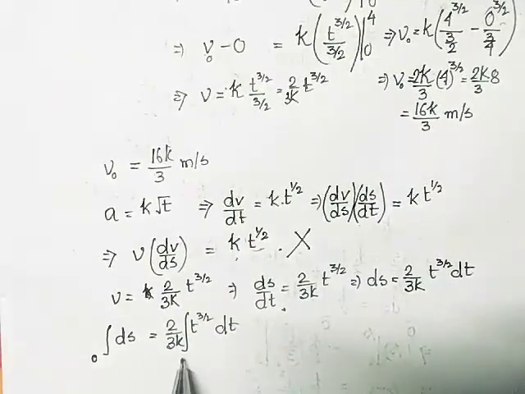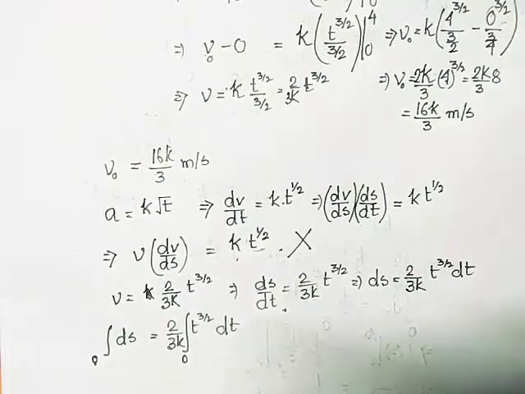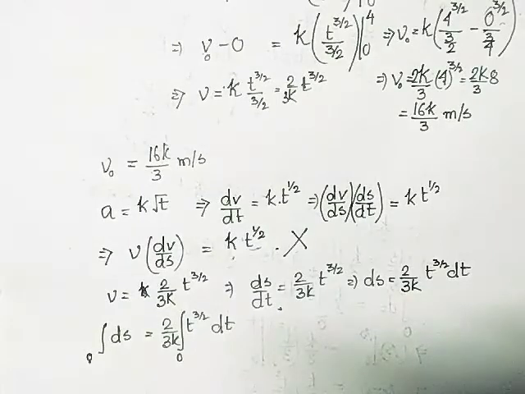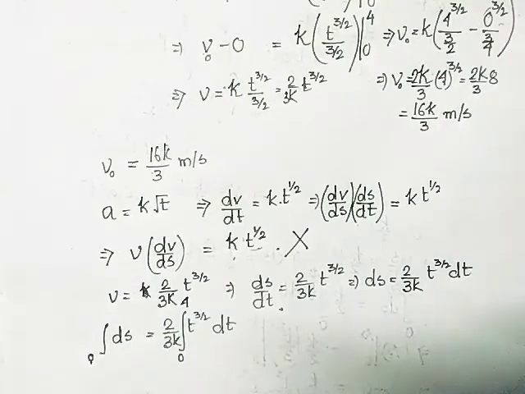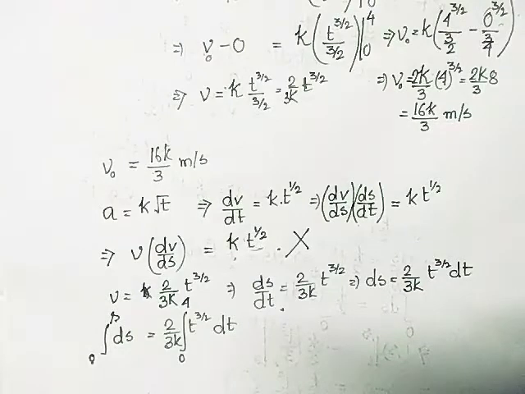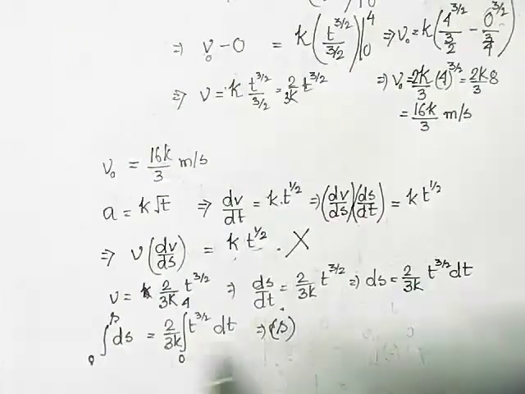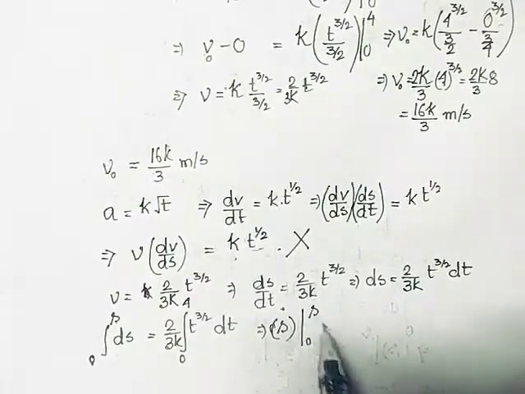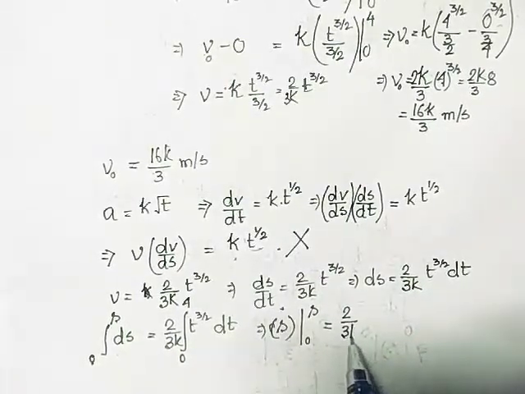Now if I put the limits, let us consider when t equal to 0, initially the particle is at rest. The displacement from the initial position is obviously 0. When the particle reaches the position after 4 seconds, let us say this position is s, at a distance s from the origin. So after integration, s goes from 0 to s, and here 2 by 3k is a constant.